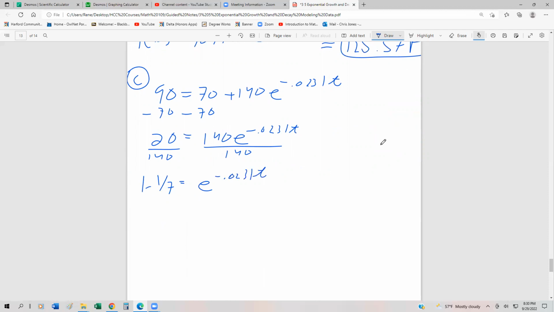We're going to take the natural log of both sides because we need to get rid of the e. Because the ln and the e cancel each other out, we're going to divide by negative 0.0231, and that'll help us solve for t.